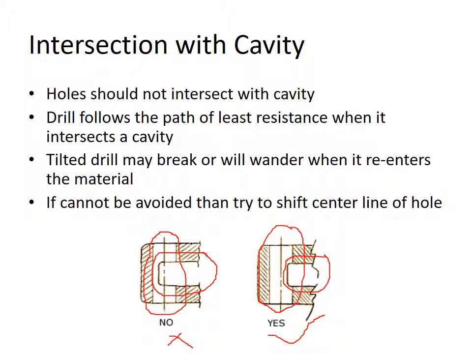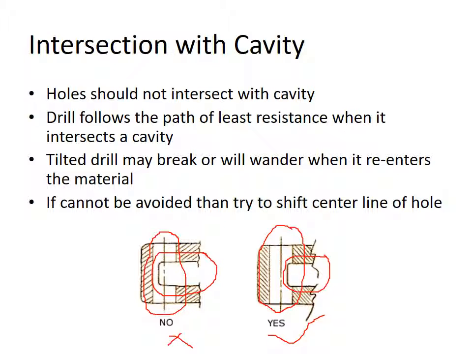While designing a hole, care should be taken that the hole is not intersecting with a cavity, because otherwise when we try to drill such a hole, the drill would follow the least resistant path and tilt and shift towards the cavity, which may result in breaking of the tool and an imperfect hole.